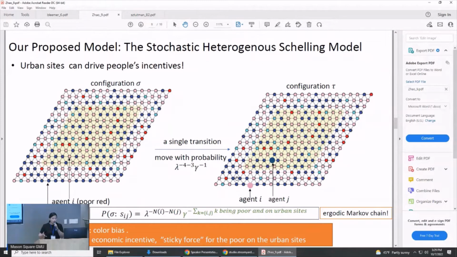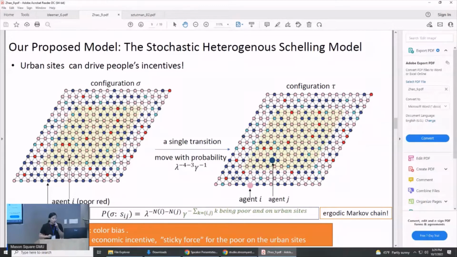Like we just talked about, everyone would still be more likely to move away if more neighbors are of a different color than them. But on top of that, if an agent is poor and on the urban side, he might be a little more hesitant to leave in spite of the racial biases that he inherently has.